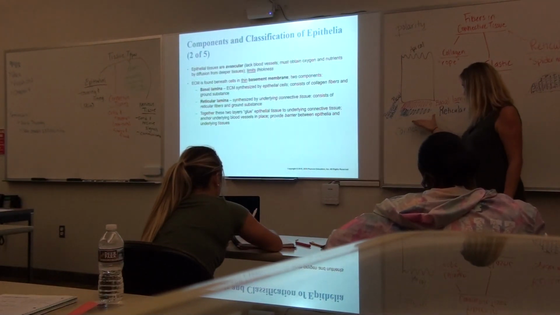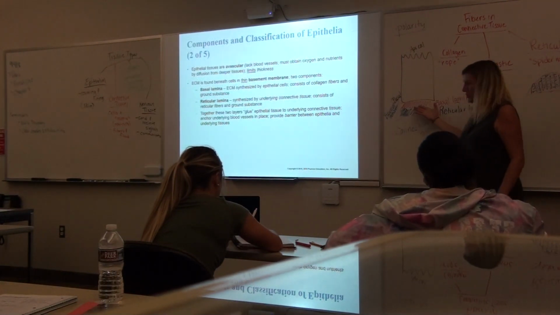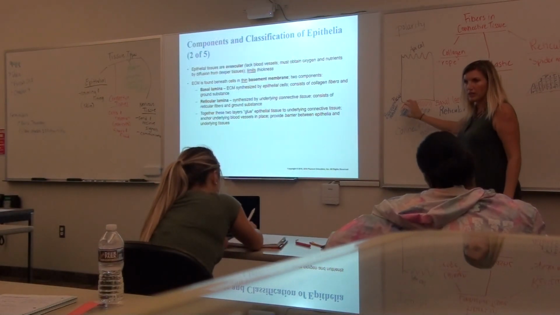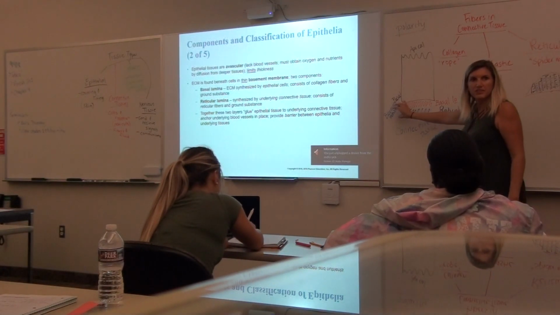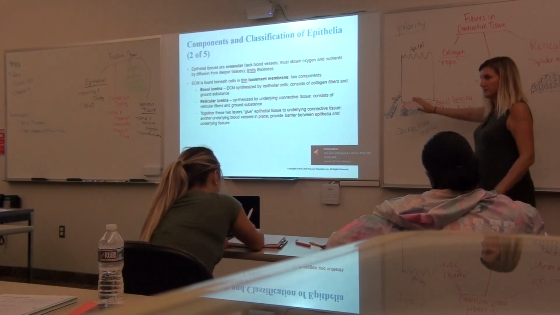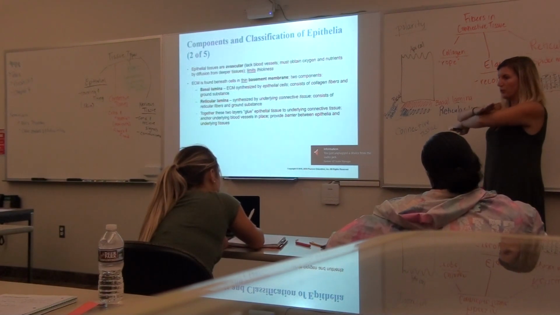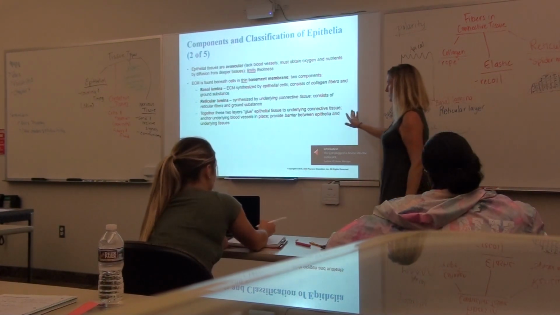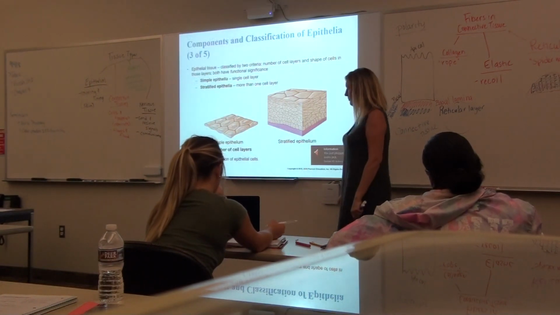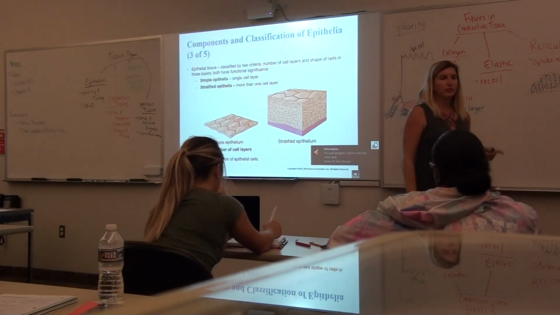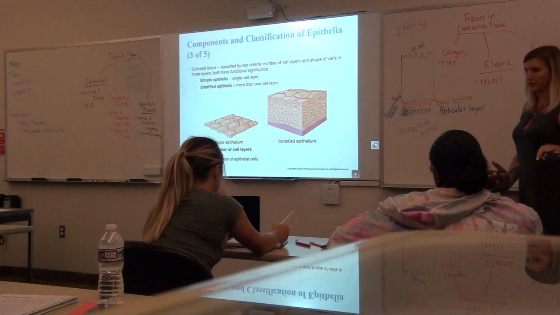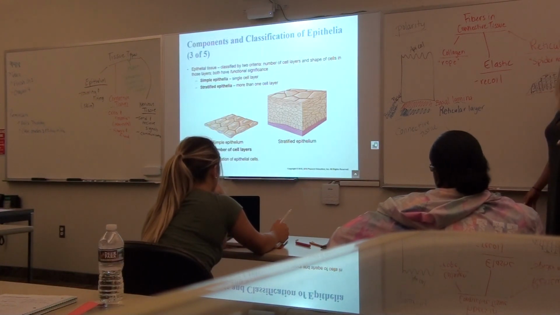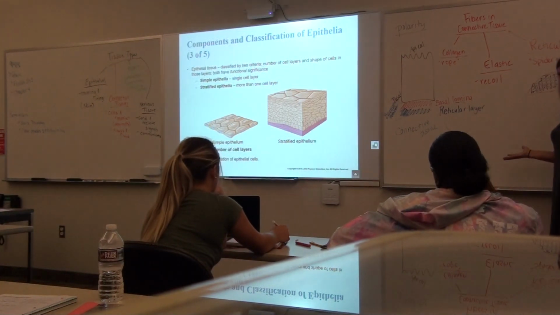The connective tissue secretes the reticular layer, or the reticular lamina, and so that creates this little sandwich of stuff that sticks them together, holds them together. It's like a glue. So our epithelial tissue gets classified very, very simply. It gets classified by how many layers it has and by the shape of the cells.